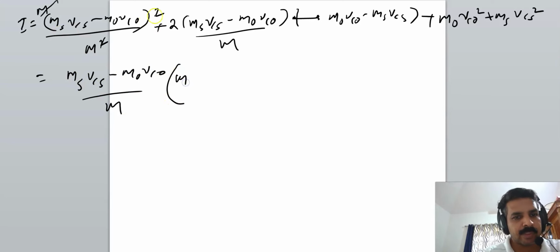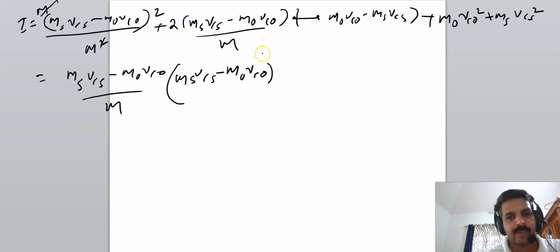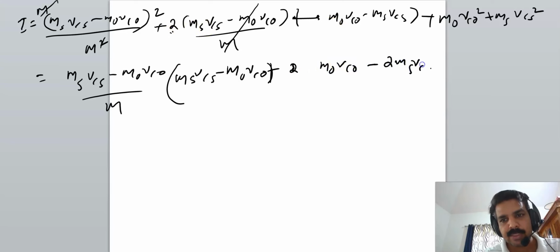One more, this is square here, therefore (MSRCS minus MORCO), one more term is here, plus here the remaining term is, this term we have taken outside, then here plus 2 MORCO minus 2 MSRCS, that is in the bracket, plus MORCO square plus MSRCS square.